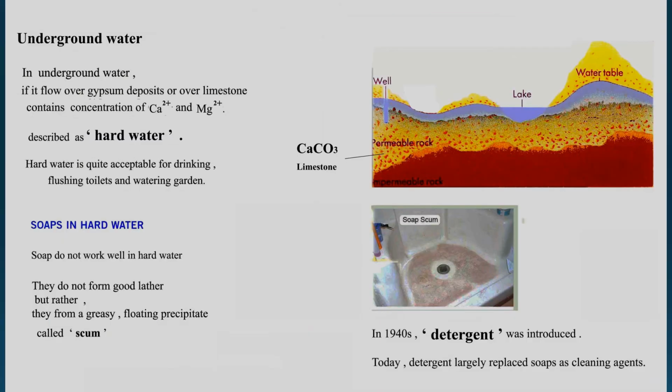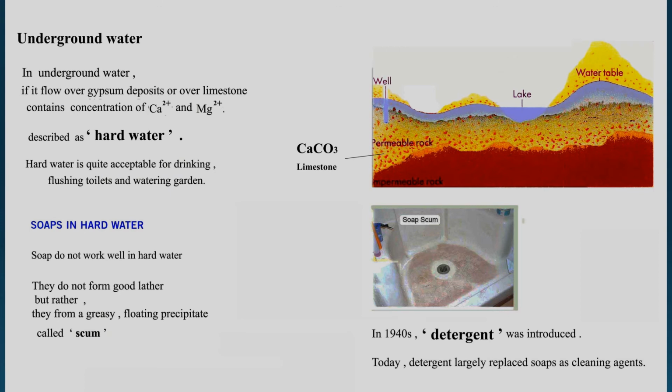Now we go back to our earlier topic, underground water, which contains calcium and magnesium. We call it hard water because of this calcium. Soap in hard water doesn't work well.